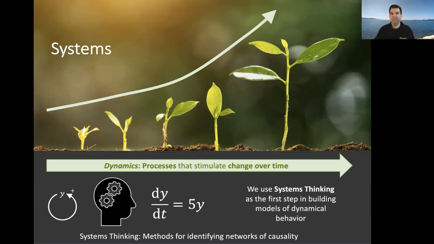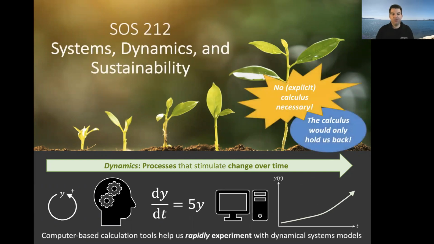And so what we do in this class is we take the basics of systems thinking and we use them to build models that are behind the scenes. They're going to be calculus-based models, but they're not going to look that way to you, because we're going to use computer-based tools that get rid of this ugly calculus syntax and replace it with something a little bit more friendly.